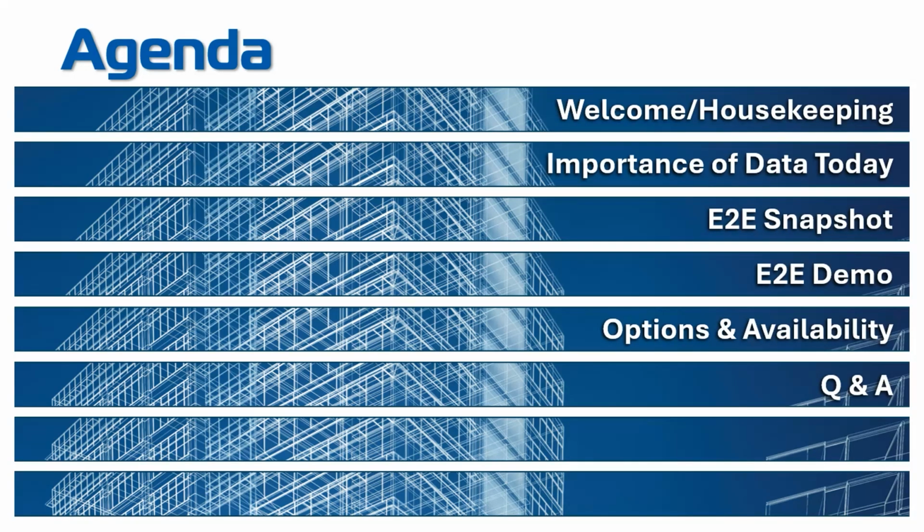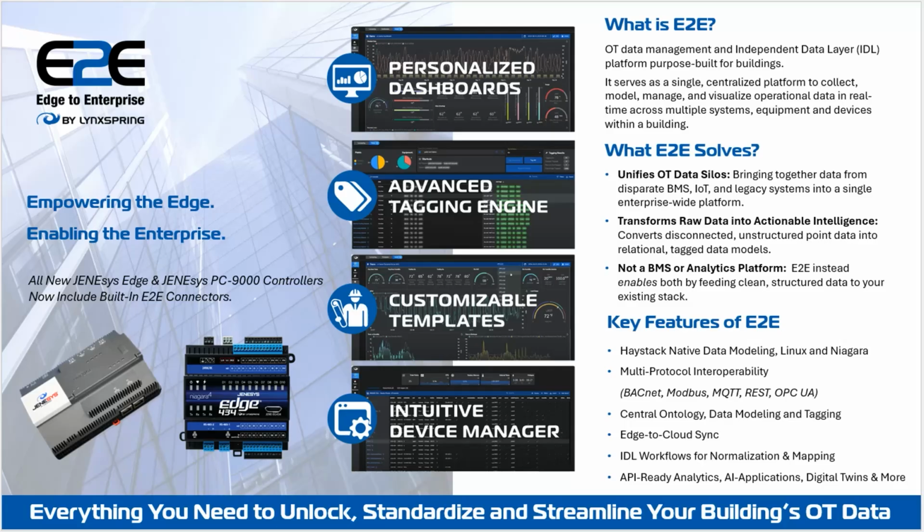Next slide. So let's look at E2E, what it is and what it solves. Joining me will be Terry, and we'll just be having a conversation to explain this. At its basis, E2E is an OT data management and data layer platform for the building environment. Remember, data is not just data.